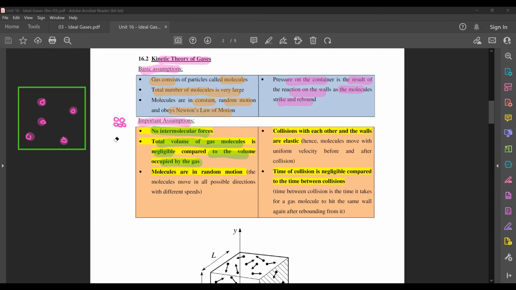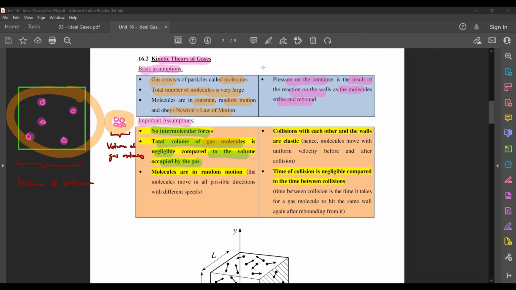Let me just write it out. This part here is your volume of gas molecules. And then this part here is your volume of container. So if you were to compare the volume of your gas molecules with the volume of your container, the volume of your gas molecules is actually negligibly small compared to the volume of your container.